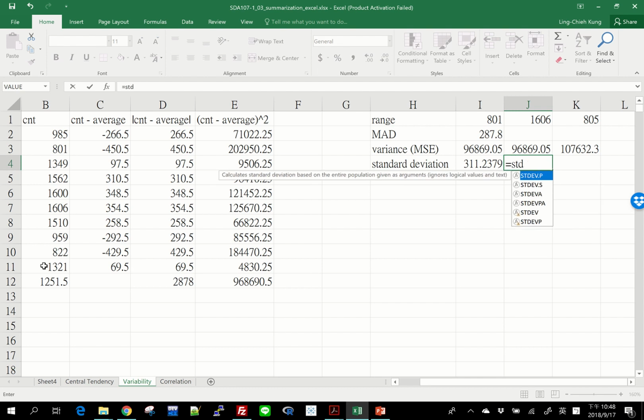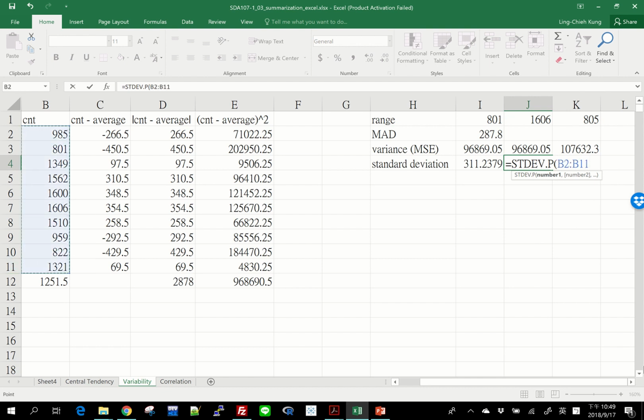Okay, and standard deviation is a very important thing, so it's not surprising that we have this function, STDEV.P, standard deviation for population. And here you select the 10 values you are talking about. Well, 311, exactly the number that you get if you do it step by step.